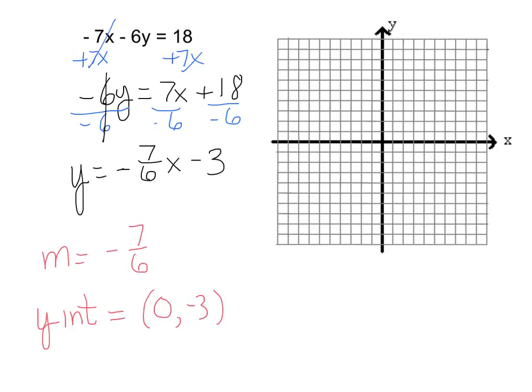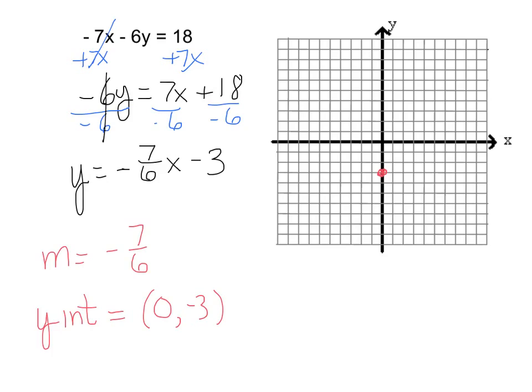Okay, so then let's take that information and try to graph it. The first thing I'm going to do is plot that y-intercept on my graph. Over 0, down 3. It's crossing the y-axis at negative 3. Then from there, the 7/6 is my slope, and I'm going to count my rise and my run.